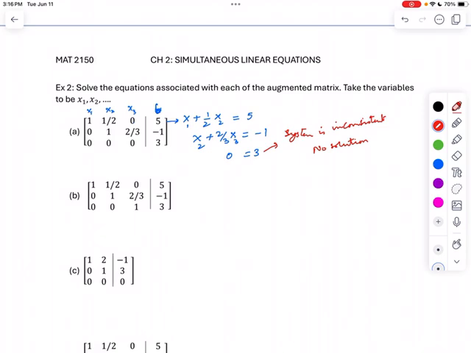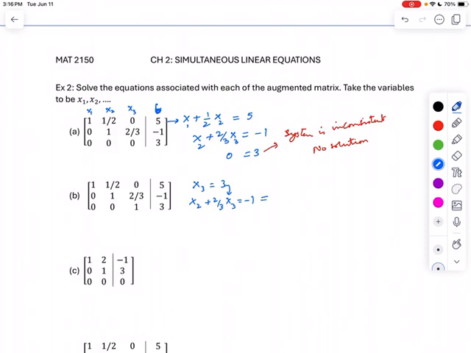Okay, so looking at the next example, it's very similar to the previous one, just that I have this last line different now. From the last line, you see we have x3 is equal to 3. So 1 times x3 is equal to 3. Now the second line gives you x2 plus 2/3 x3 is equal to negative 1.